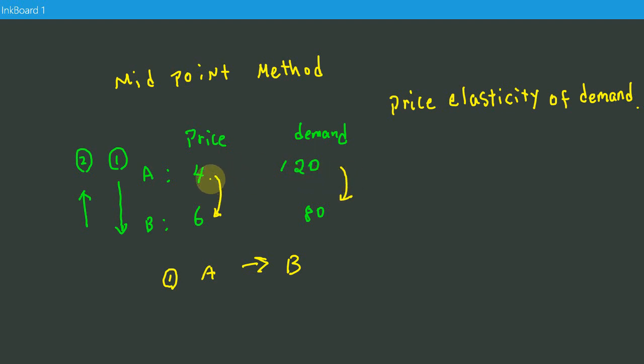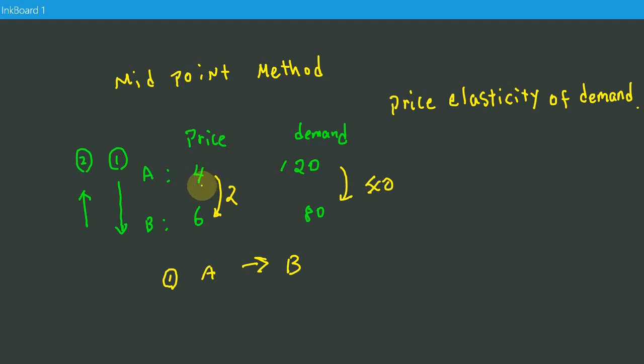Then, we move price to 6, so the price increased by 2, right? And the quantity changed by 40.